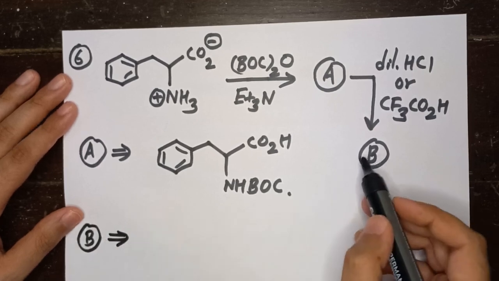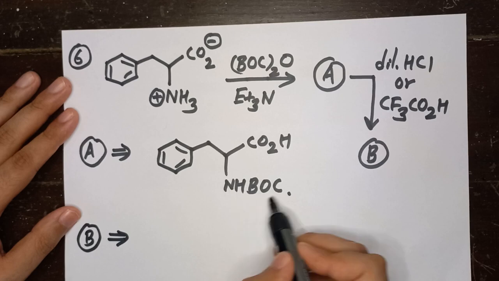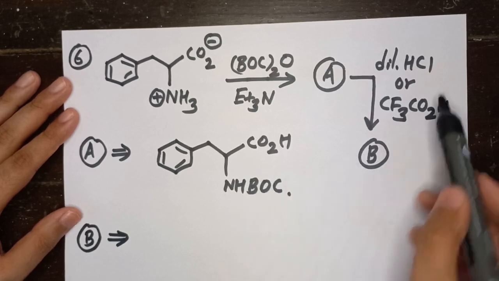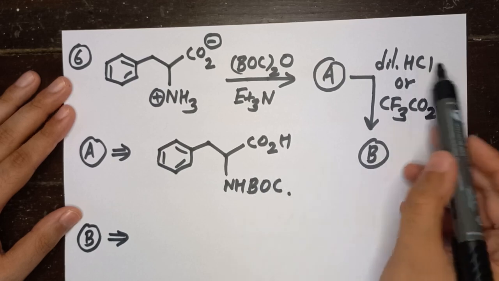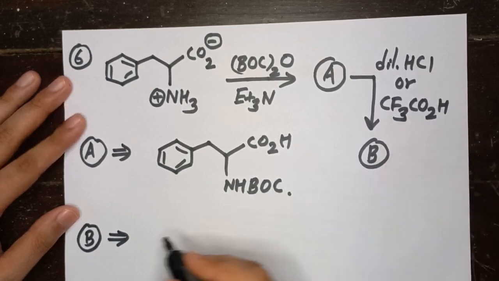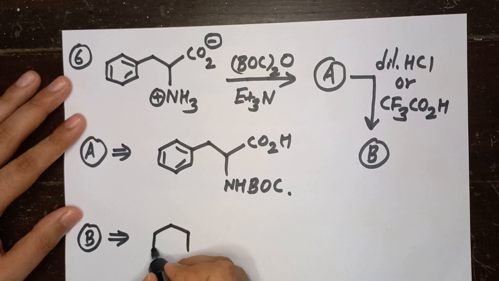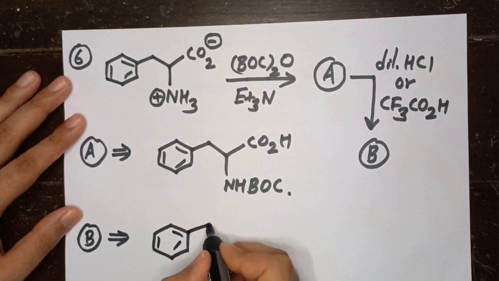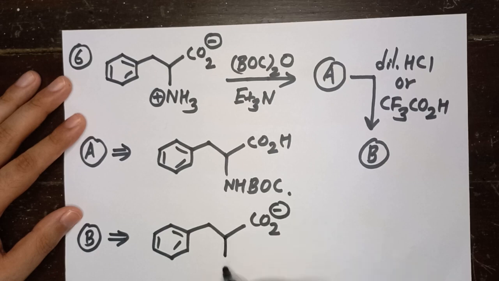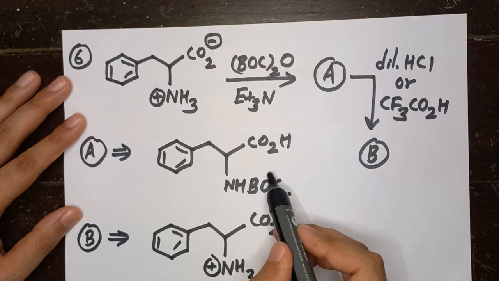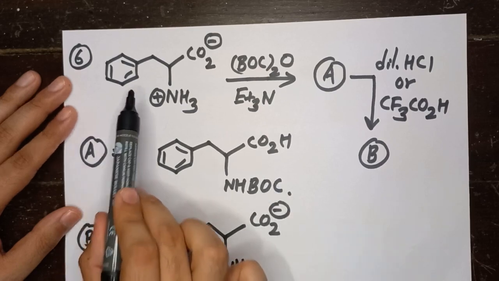and the structure of B will be, so basically we know that Boc can be deprotected under acidic media. So Boc is going to be removed using HCl or trifluoroacetic acid, and we will generate basically we removed Boc and we regenerated the starting material.